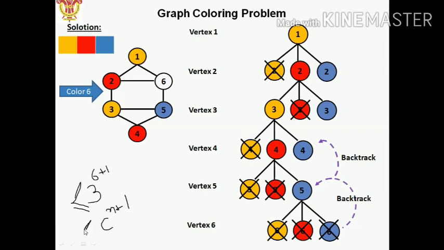Whatever the tree has, it will always be lesser than C to the power n plus 1. So we can say that big O of C to the power n plus 1 is the complexity of this graph coloring problem.